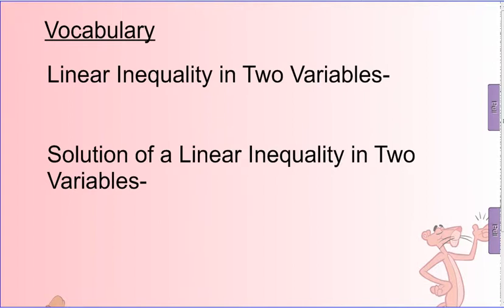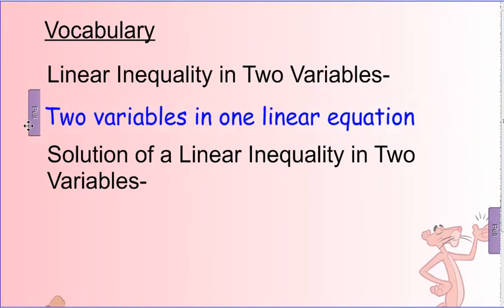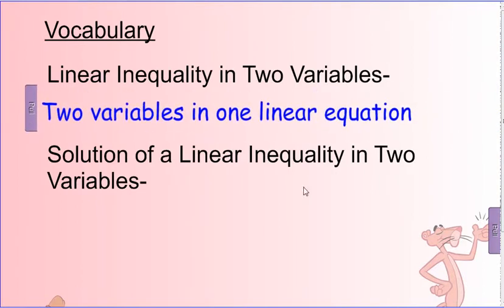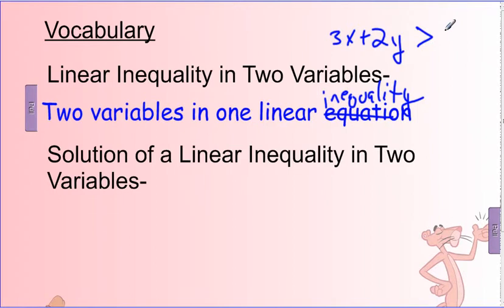So we have two vocab words here. The first one is linear inequality in two variables. And you could probably guess by the name, it's two variables in one linear inequality. So that'd be like 3x plus 2y is greater than 18 or something like that.